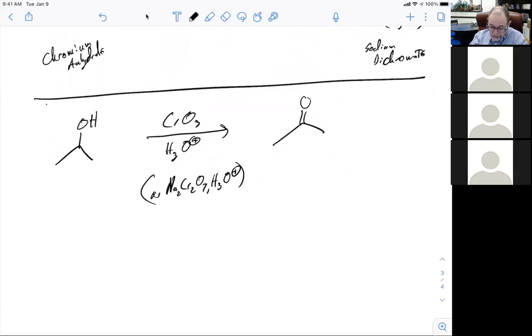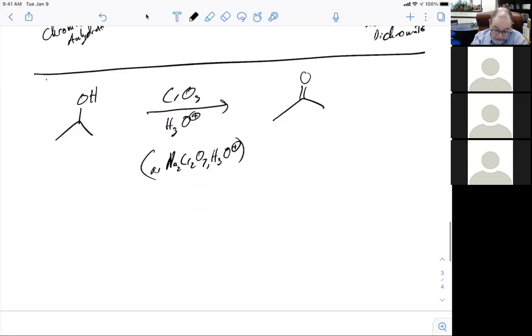The oxygen reacts with the chromium, and then we get a deprotonation of that alpha hydrogen to create the carbonyl. The book has the mechanism. I'm not going to expect you to recreate that mechanism, so I'm not going to take the time to draw it right now. But if you want to look at it, you can look at it. It explains the fact that the water is essential in this process.